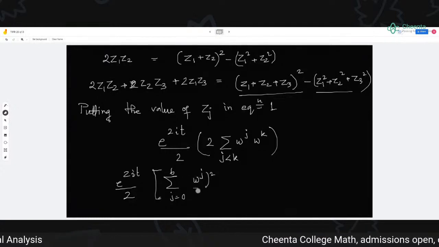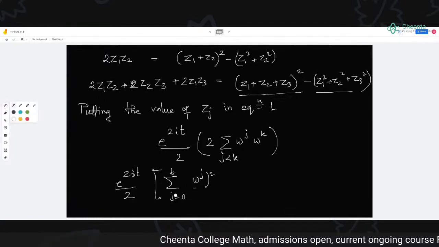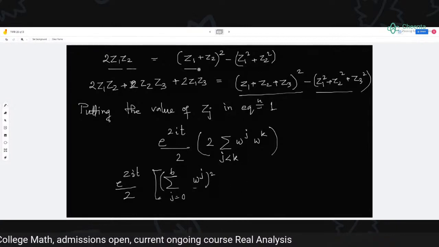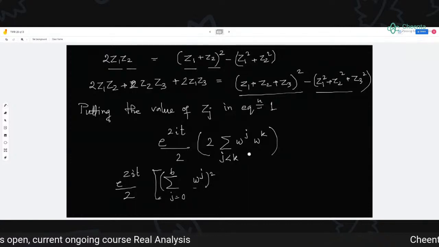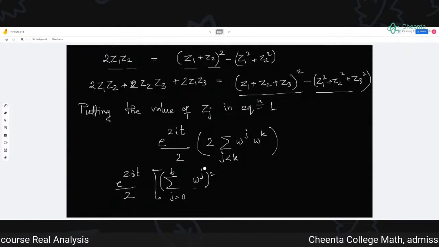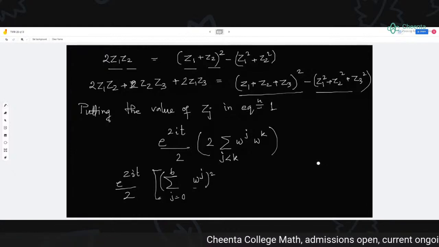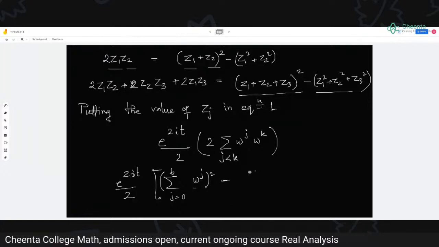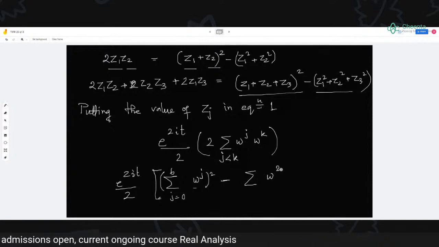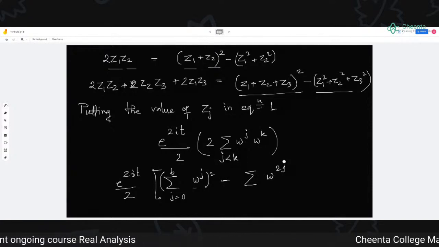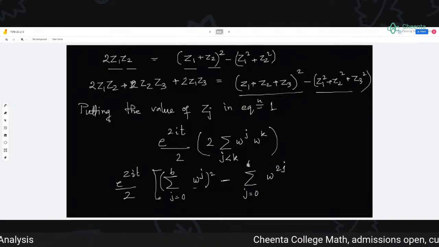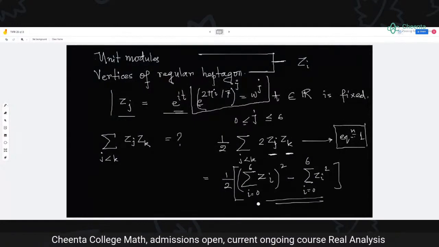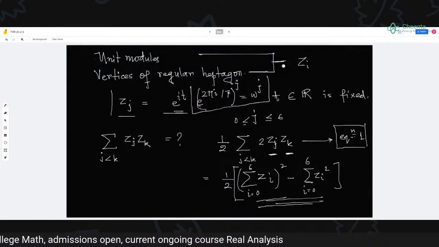Omega to the power j whole square, as you can see, is like z1 plus z2 whole square. So here you will have omega to the power 1 plus omega square plus dot dot dot, like that. So this minus summation over omega to the power 2j, j equals 0 to 6. This is coming from just this formula. We are just applying this formula.